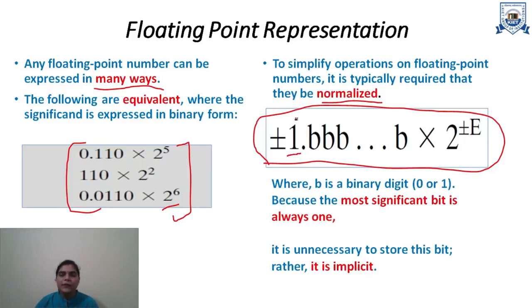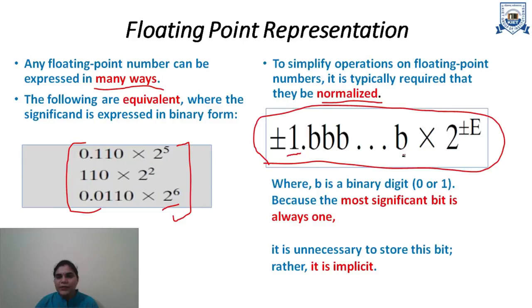And here we are talking about binary numbers. So binary numbers have either 0 bit or 1 bit. So 1 is a non-zero value. So in normalized values, 1 will be at MSB, or we can say most significant bit.